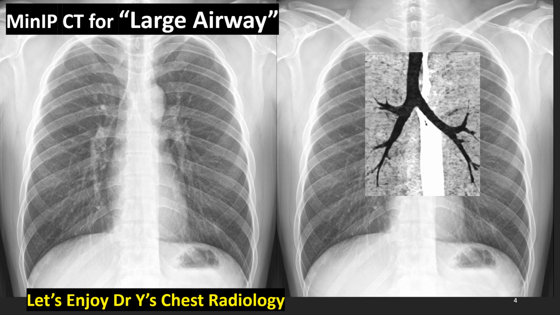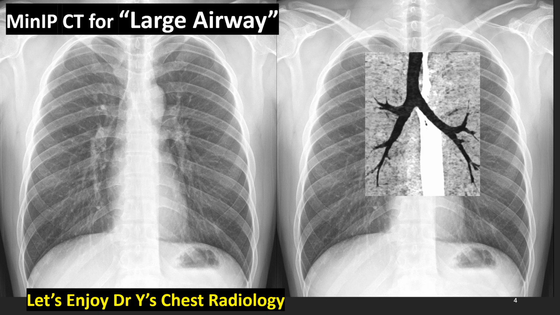On your right side, we see the black image of the large airway from the CT data, and we can see the same large airway on the left side normal chest radiograph. You see?